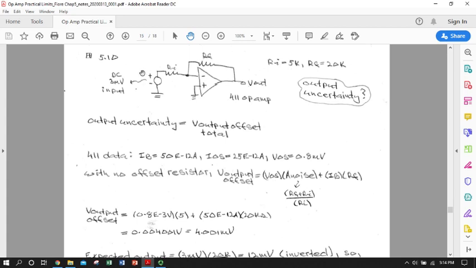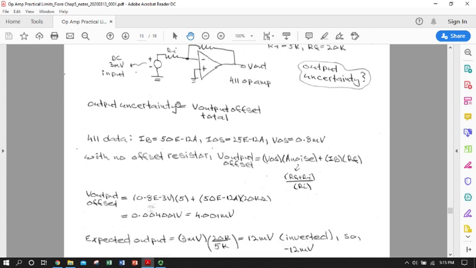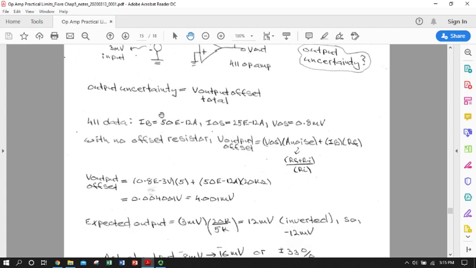So another way of stating output uncertainty is the output offset total, right? Because that offset error could go in the positive or the negative, and it's going to be an output that is unrelated to our signal. So it's going to flank it. So I'll calculate that.